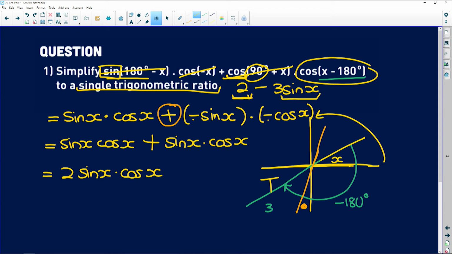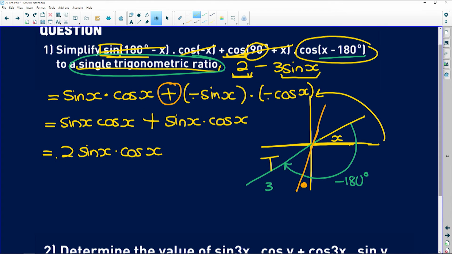Okay, but guys, very important, single trigonometric ratio. You need to know that this is the identity for sine of a double angle. Okay, we don't want to see any cos in there. We want to see just one trigonometric ratio. So this is the identity. It appears on your formula sheet.